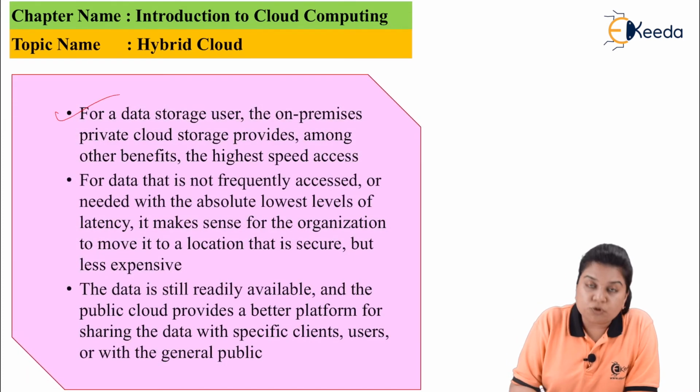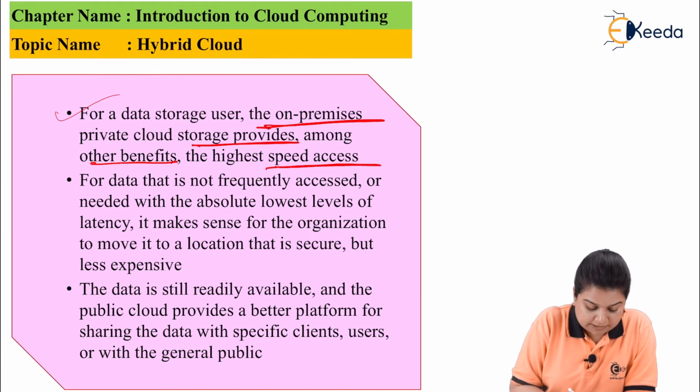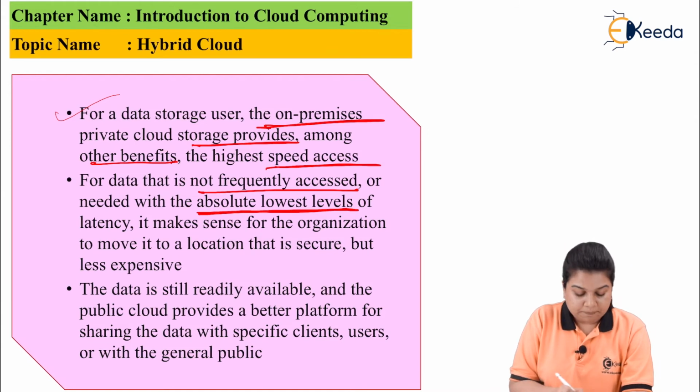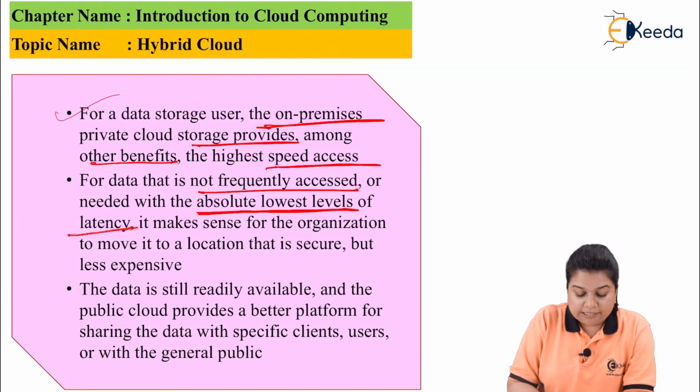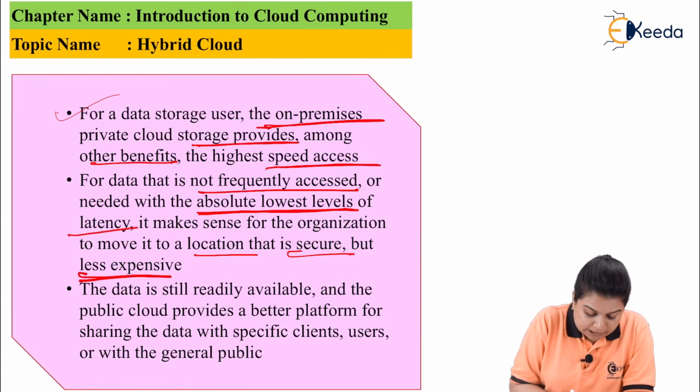Next, for data storage users, the on-premises private cloud storage provides, among other benefits, the highest speed access for data with the absolute lowest levels of latency. For data that is not frequently accessed or needed, it makes sense for the organization to move it to a location that is secure but less expensive, and the data is still readily available.